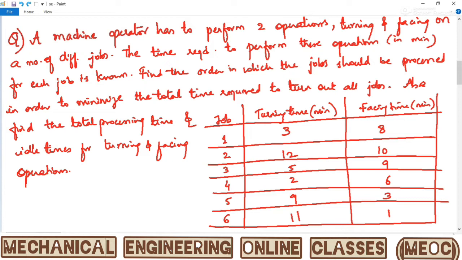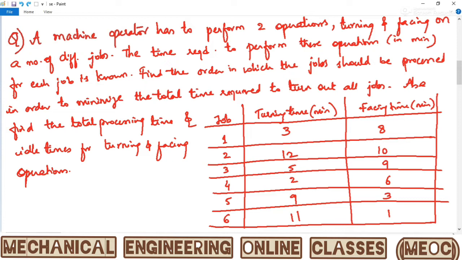We have to find the order in which the jobs should be processed in order to minimize the total elapsed time, that is, from the first job going onto the first machine to the last job completing on the last machine. Also find the total processing time and idle times for both turning and facing operations.